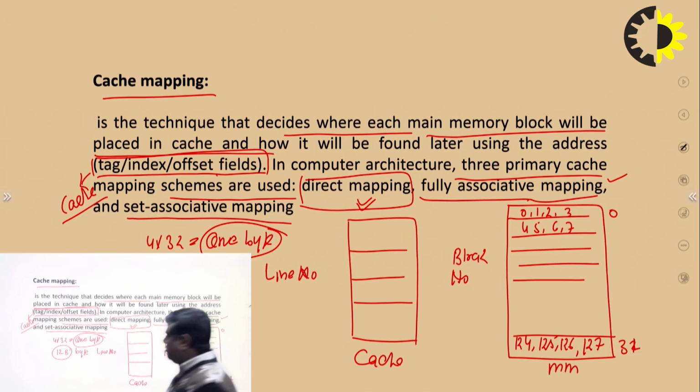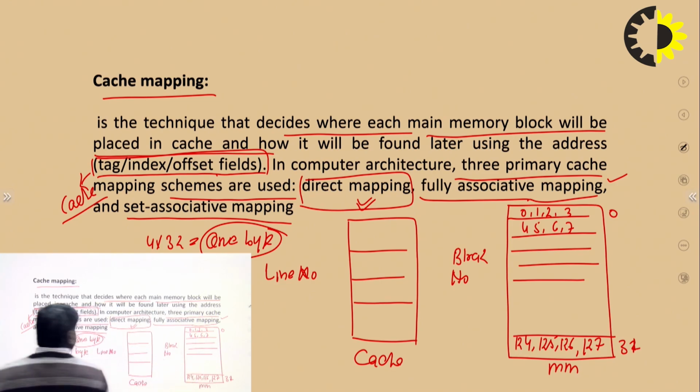So what is the meaning of 128 bytes? It is the physical address space generated by the CPU. Now, 128 means 2 to the power 7. So 7 bits are required to represent the main memory.